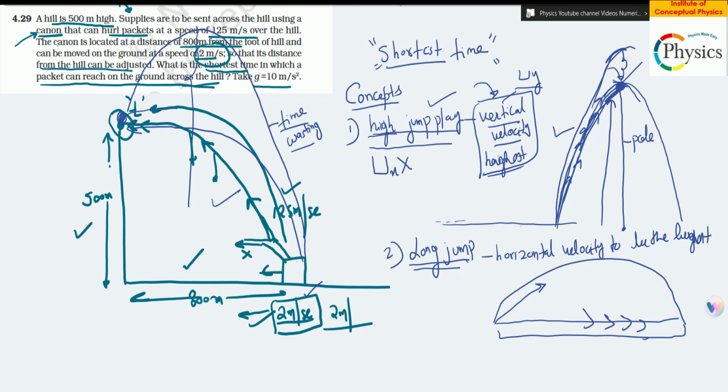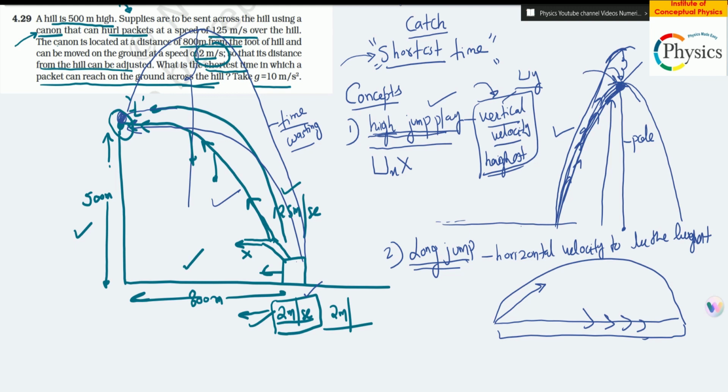The point I'm trying to drive home is that for the shortest time period, which is the catch, if you understand this concept, you will be able to solve this problem. For shortest time, you should behave like a high jump player who just clears the pole.